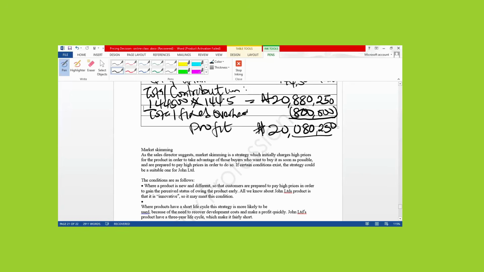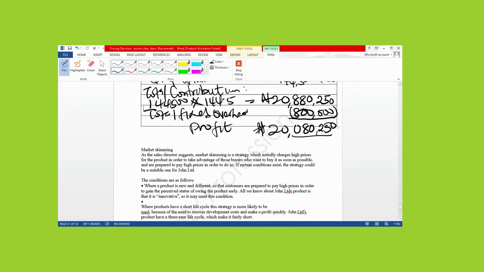Point number 2: where the product has a short life cycle, the strategy is more likely to be used, because of the need to recover development costs and make profits quickly.